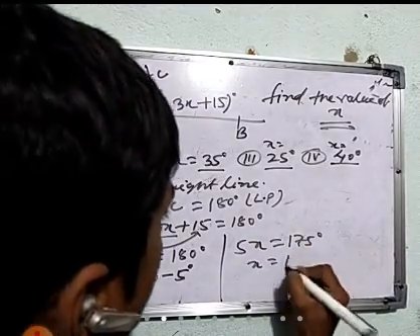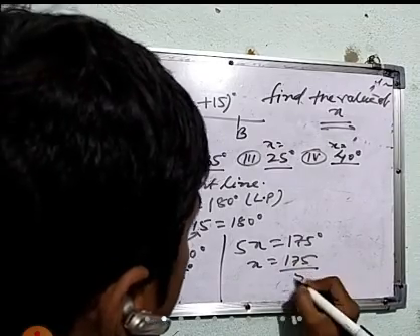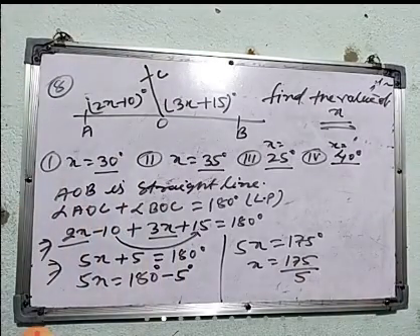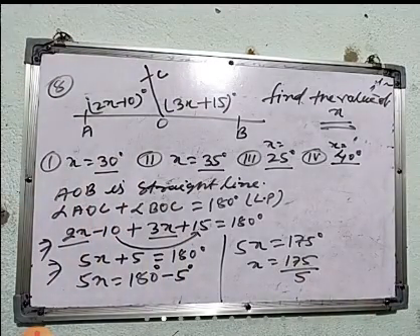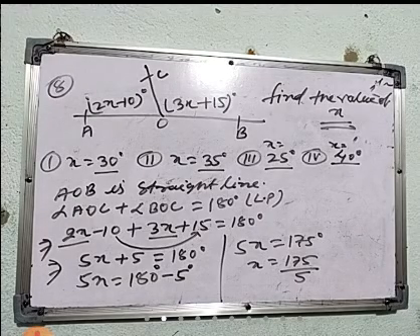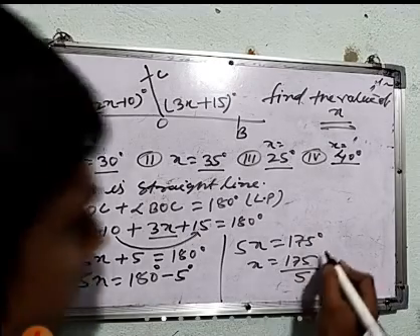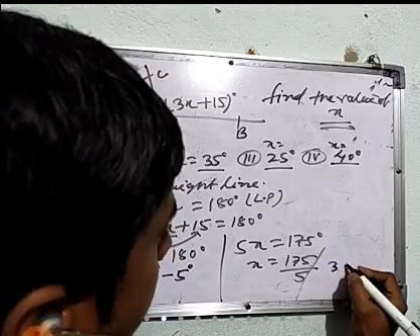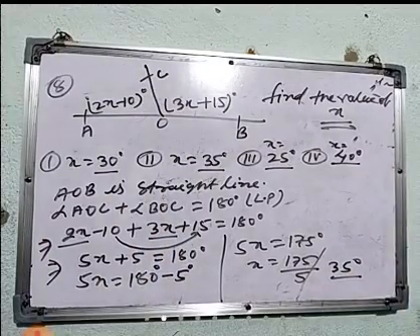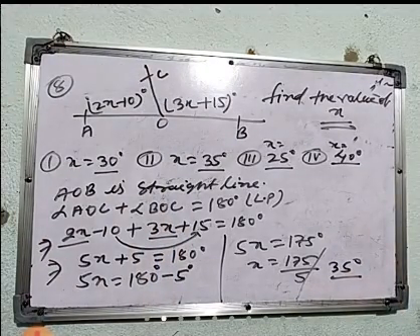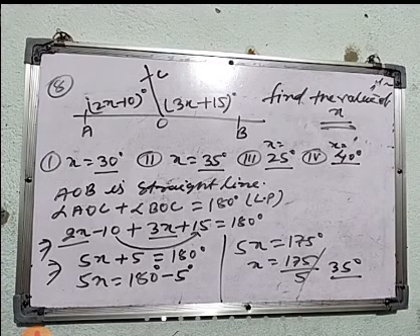So x equals 175 by 5. Five sevens are 35 degree. So the value of x equals 35 degree.